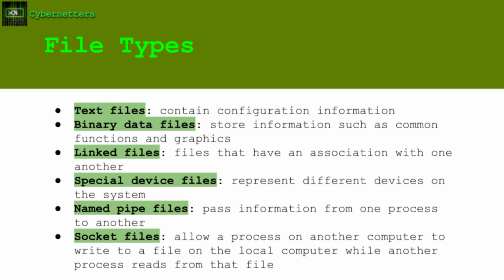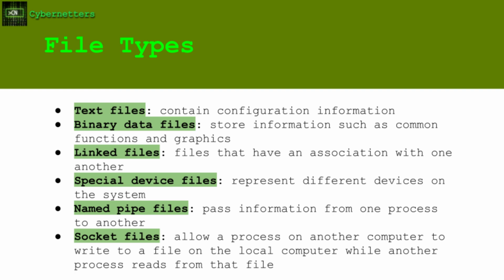And then you have the binary data files, which store compiled code, images, or system data. You won't read these like a text file, but they contain raw information for programs to use. Linked files are shortcuts or references to other files. If you delete the original file, the link may break, and it depends on how it was created.